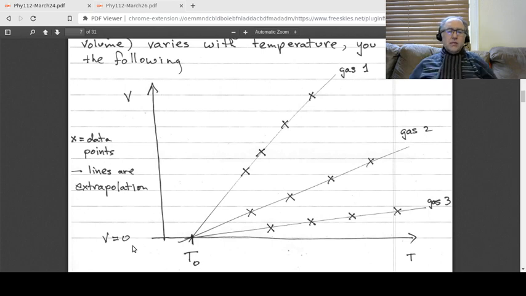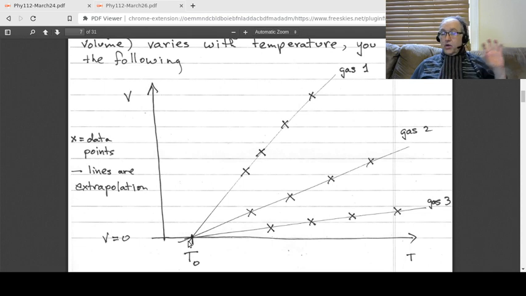It really doesn't matter, but we're going to do this experiment where at different temperatures we measure the volume. Here for gas 1, we've got a certain temperature and a certain volume. Then we cool it off, and the volume decreases, and decreases again as we cool it. We put these data points down, and we go, hey, look, those data points form a line. So we take this line and extrapolate it all the way down to 0 volume.